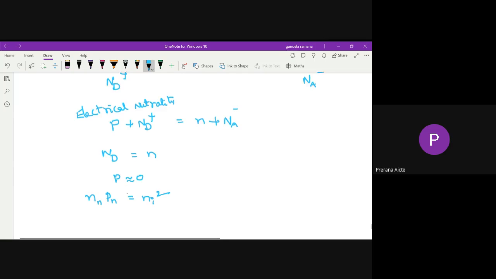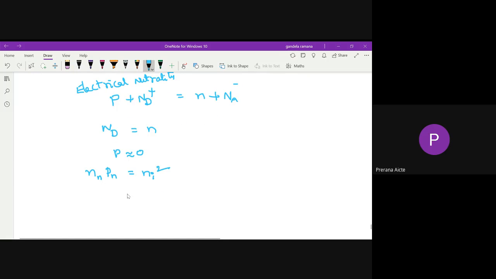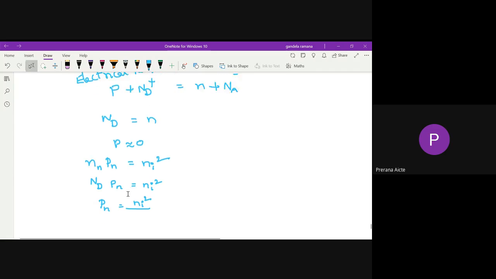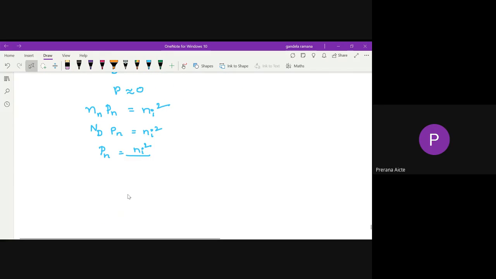Here n denotes Nd, so we replace that Nd. p_n is equal to ni square by Nd. When we want to find minority carriers, it is ni square by Nd. Same way in P type.